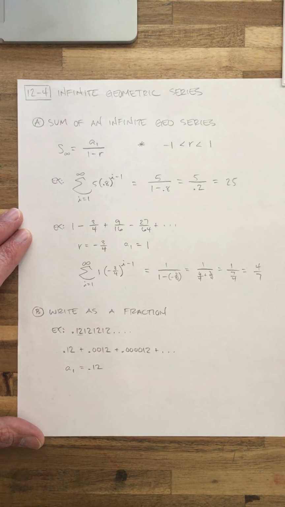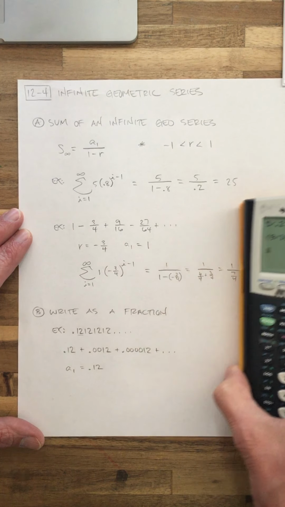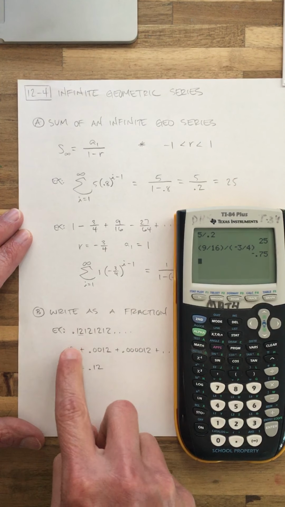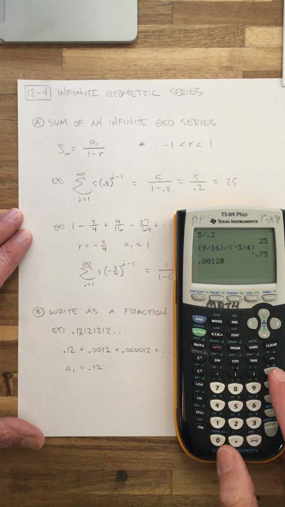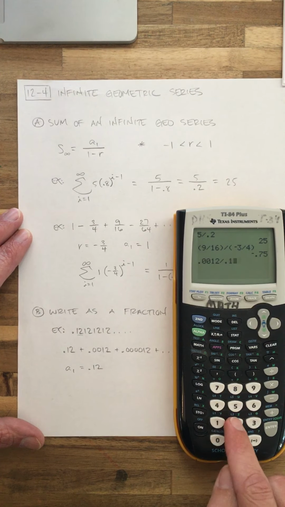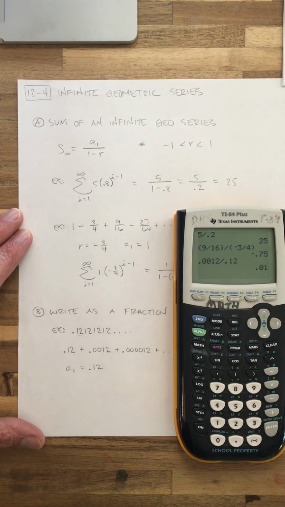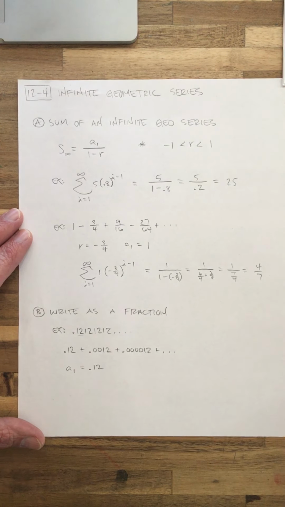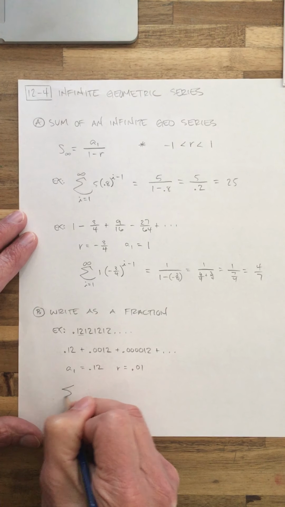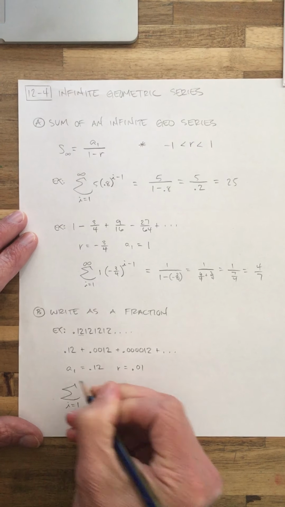But if you're not very good at that, I showed you that other way you can do it. Remember, take this and divide it by that. Watch. So 0.0012 divided by 0.12. You should get 0.01. There it is. So my ratio is 0.01. All right, and so here we go. We want I equals 1 to infinity.